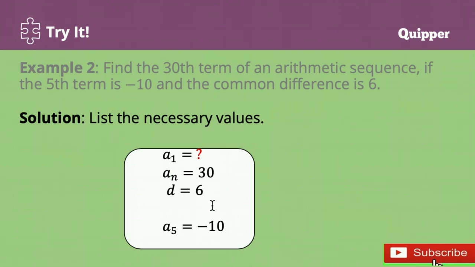Now, we cannot go directly to finding the 30th term because we don't have the value for a sub 1. We need to find first this a sub 1 before finding the 30th term. But of course, we'll be using the fifth term, not the 30th term.